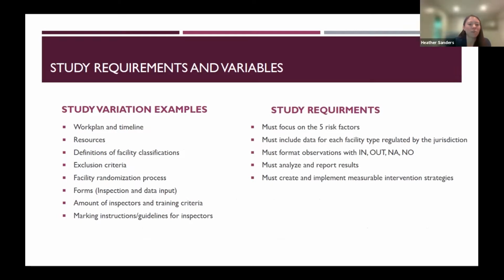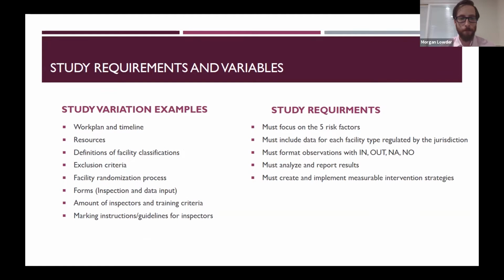Okay, I just wanted to start off by briefly discussing some study requirements and some variables within the study. The study must focus on the 5 risk factors. It must include data for each facility type regulated by the jurisdiction. Observations must be formatted in an in, out, NA, or NO format. Results must be analyzed and reported, and intervention strategies must be created and implemented.